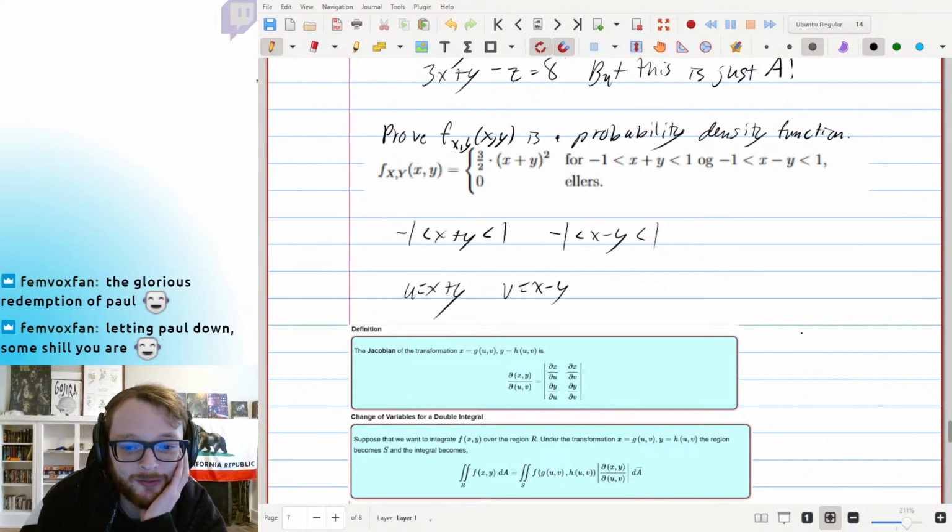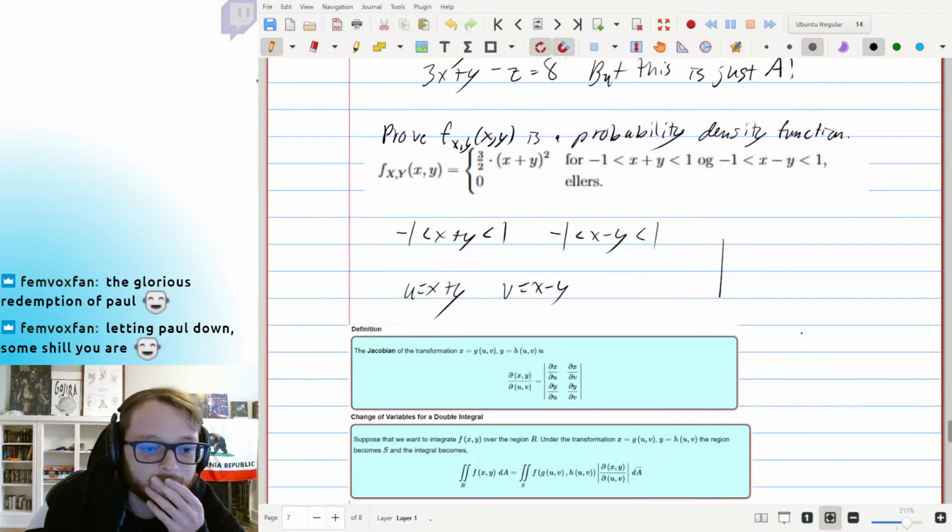So we want the determinant dx du. Aren't these all 1? I guess some of them are -1.